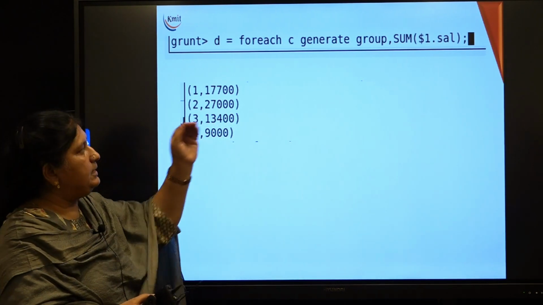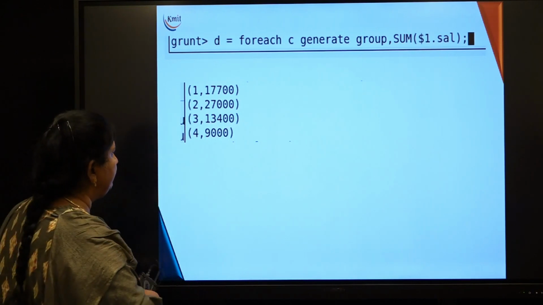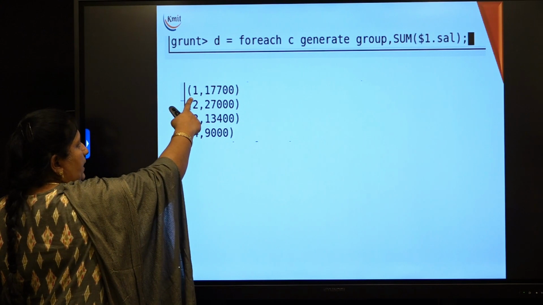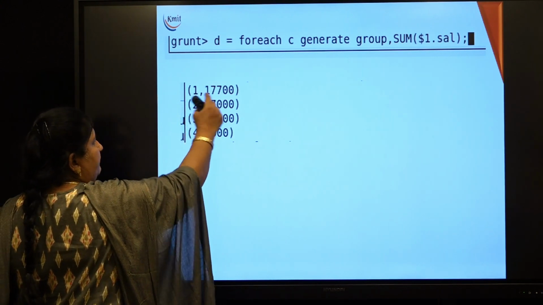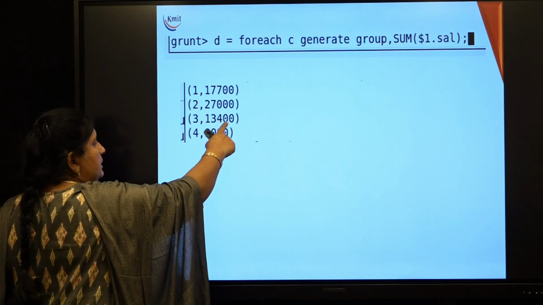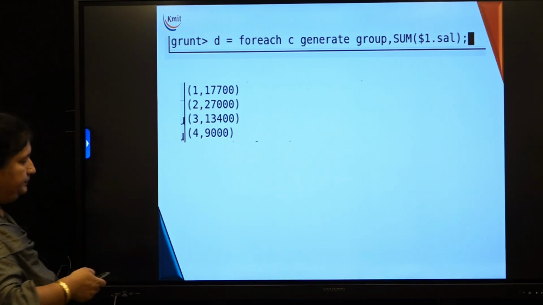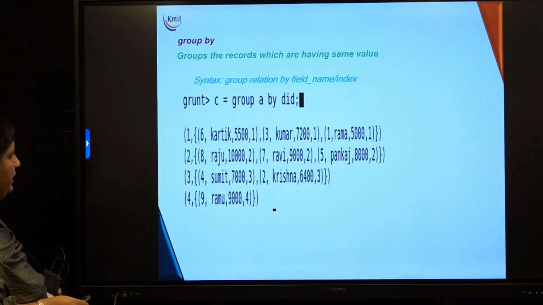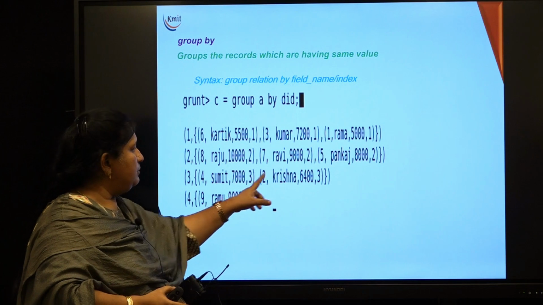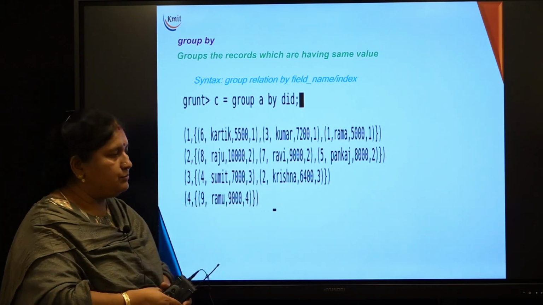In that bag, take the salary values and calculate the sum of them. So if you see the output, group attribute value is 1, sum of the salary values, group attribute, sum of the salaries, and so on. You can quickly verify the sum for department 3: 7,000 plus 6,400, 13,400.